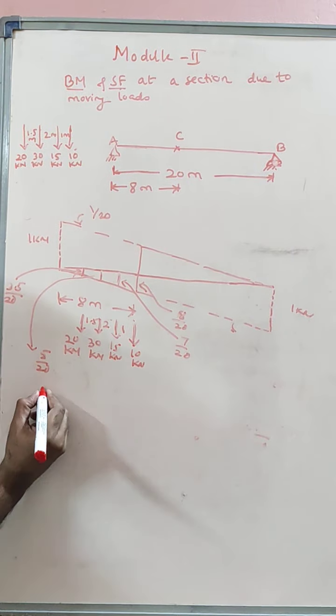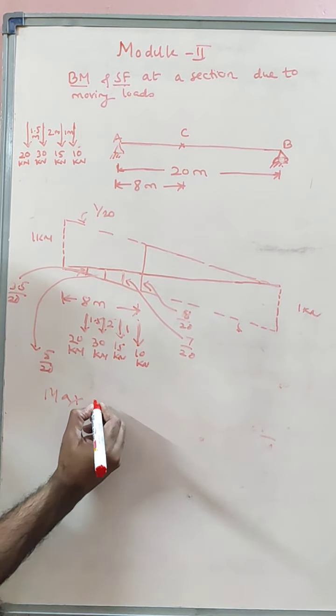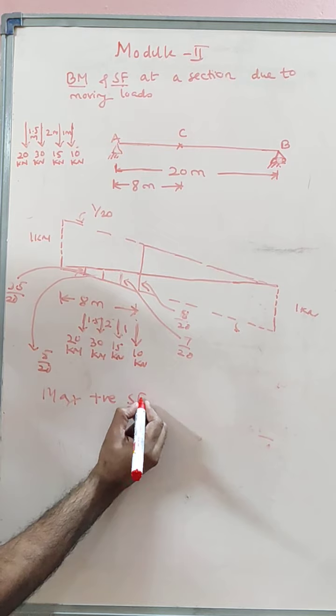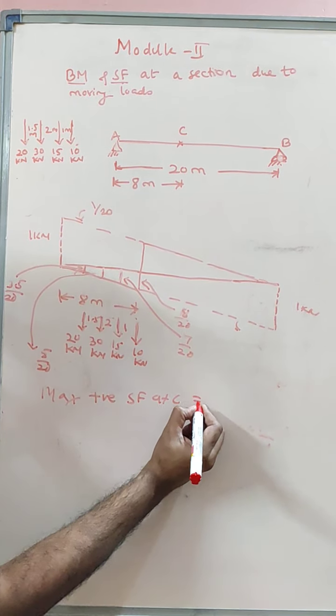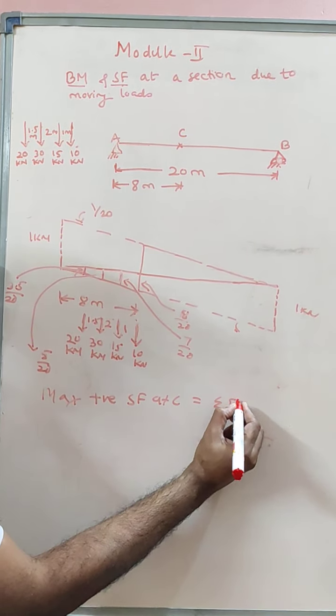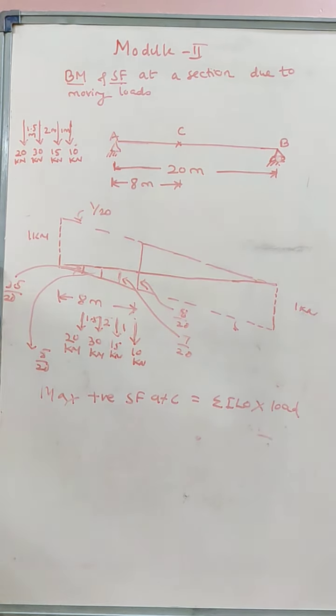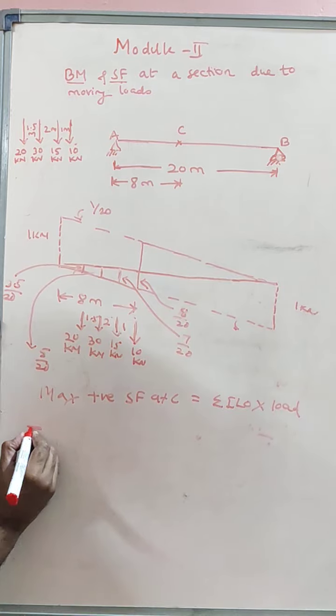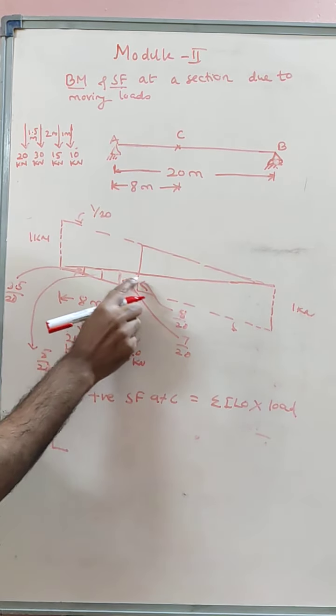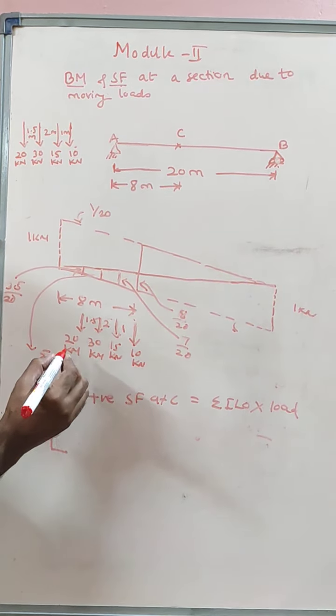So maximum negative shear force at C is equal to summation of influence line ordinate into load. So first, keep minus outside because it is a negative value. All are negative, so keep minus outside. So what is it?